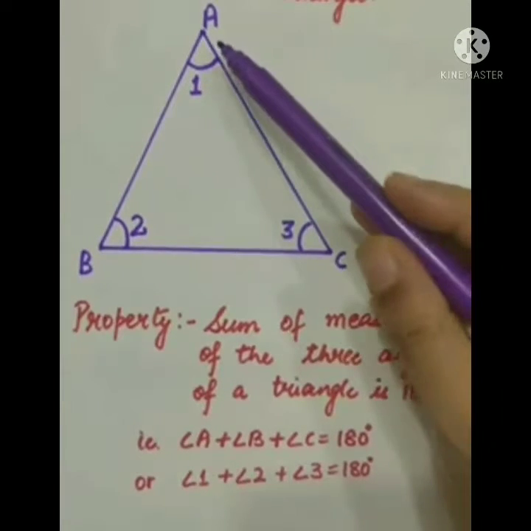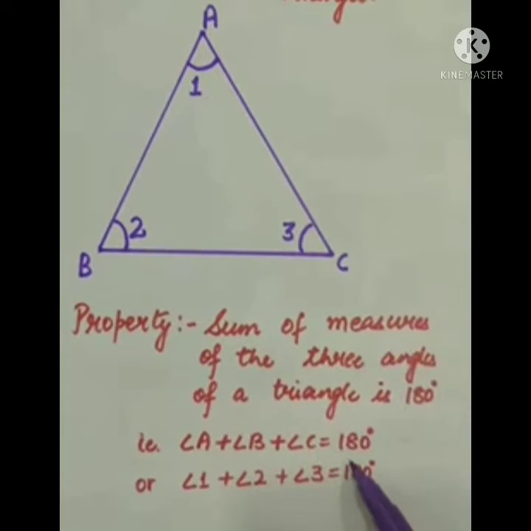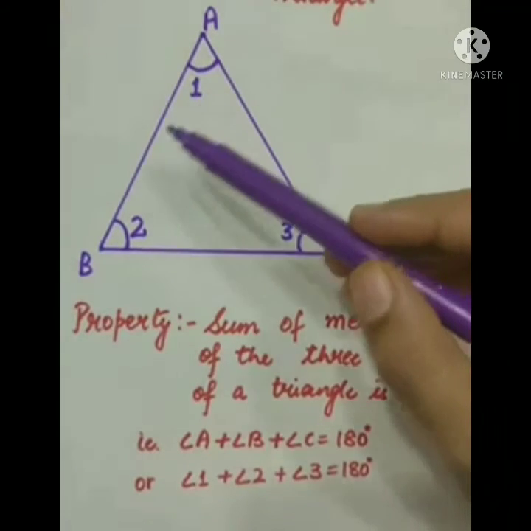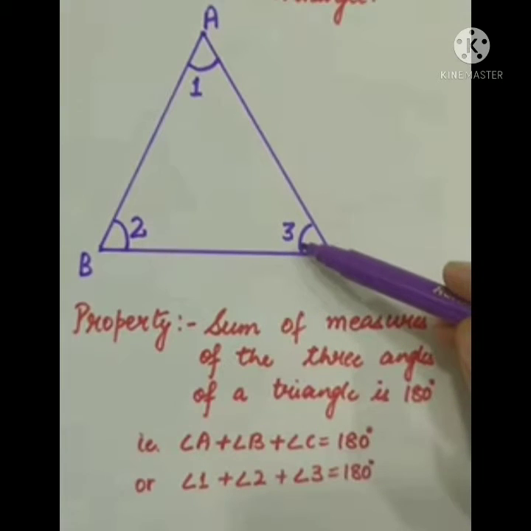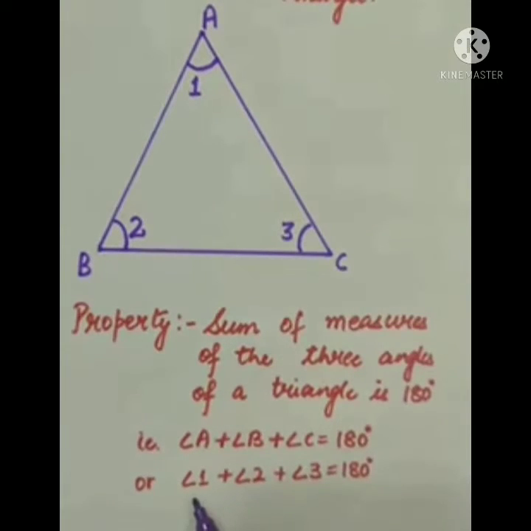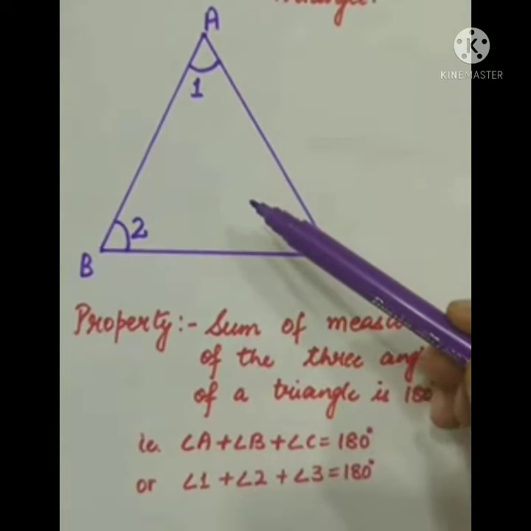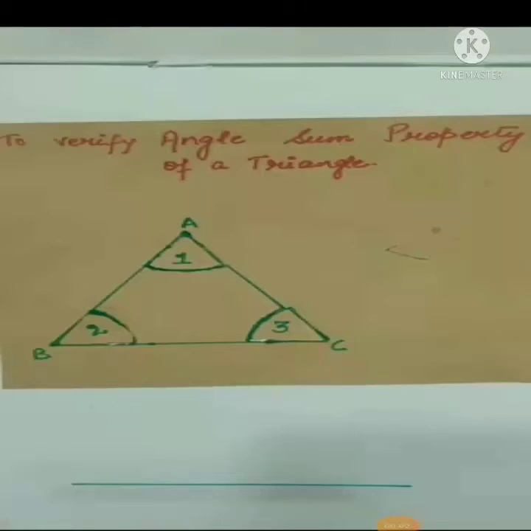It means angle A plus angle B plus angle C is equal to 180 degrees, or we can say angle A as angle 1, angle B as angle 2 and angle C as angle 3. So angle 1 plus angle 2 plus angle 3 is equal to 180 degrees, which means the sum of all the three interior angles of a triangle is 180 degrees.